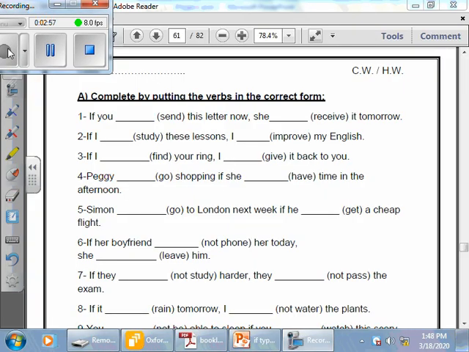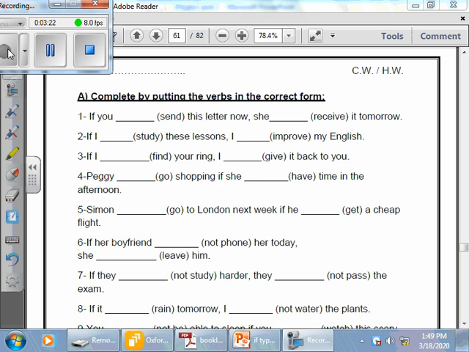Now guys, I want you to open your grammar booklet, page 61. Let's apply on lesson 1. If condition type 2. Exercise A, complete by putting the verbs in the correct form. If you send this letter now, she will receive it tomorrow.